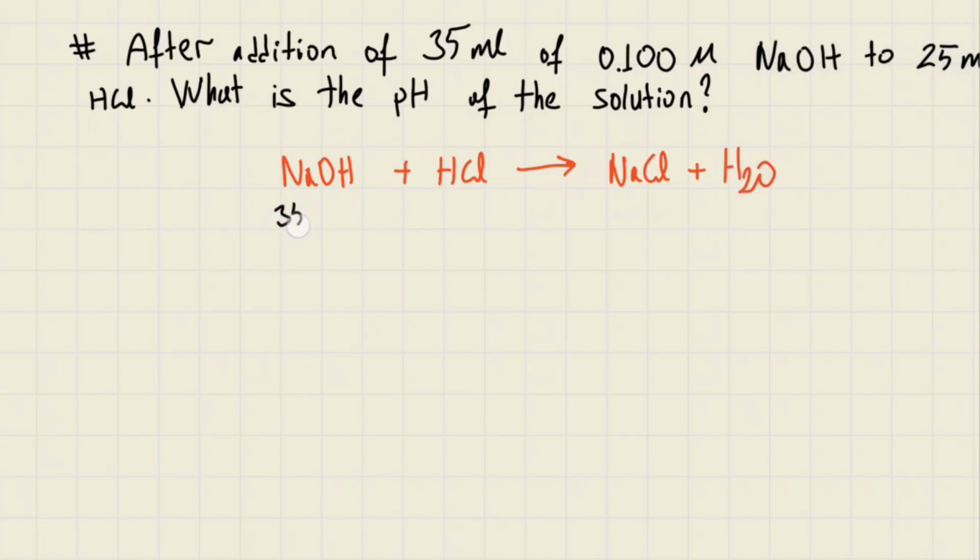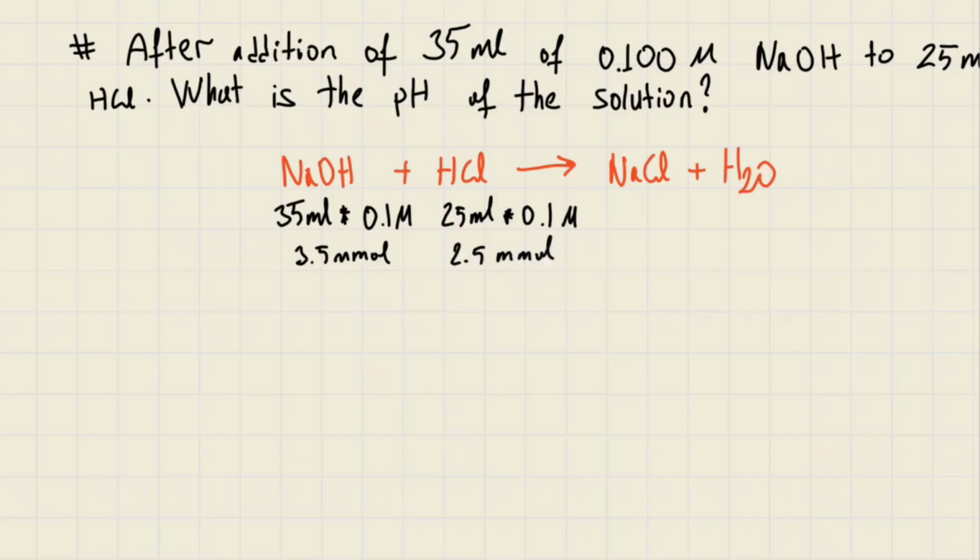We have 35 milliliters of 0.1 molar sodium hydroxide and 25 milliliters of 0.1 molar HCl. So we have 3.5 millimole sodium hydroxide and 2.5 millimole HCl. We will deplete the HCl in this case. So this is our limiting reagent.